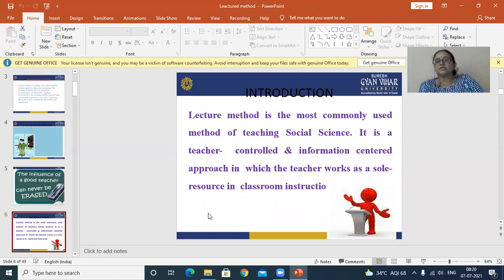Lecture method is the most commonly used method of teaching social science. It is a teacher controlled, information centered approach in which the teacher works as a solo resource in classroom instruction.